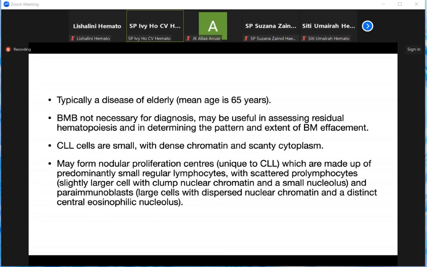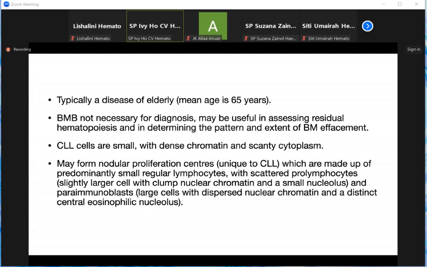But the trephine biopsy will still be useful to assess the pattern of involvement in the marrow and the extent of the bone marrow involvement, how extensive it is. At the same time, we want to assess the residual hematopoietic tissue as a baseline before we start treatment.